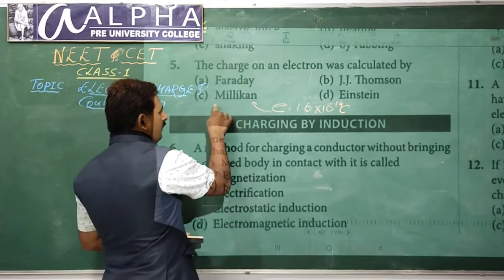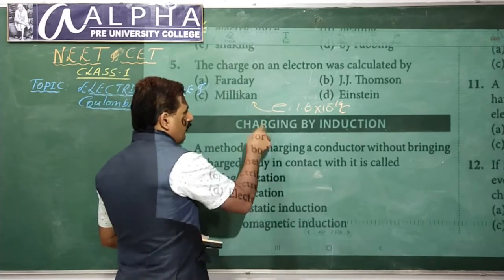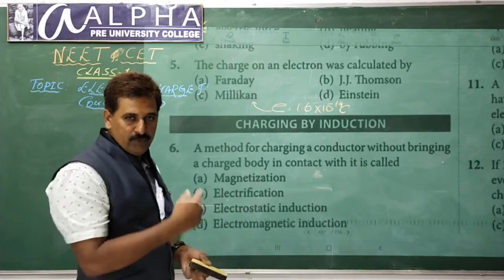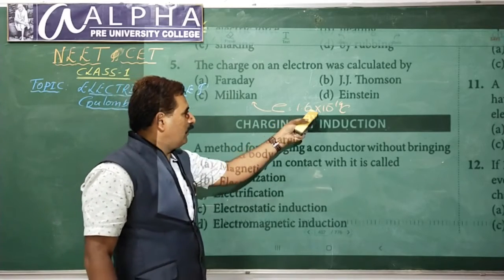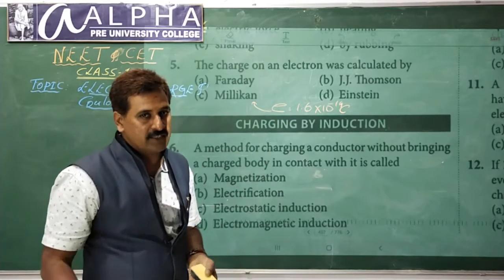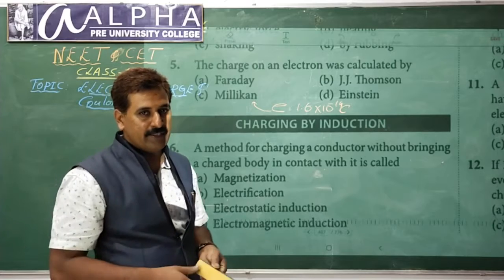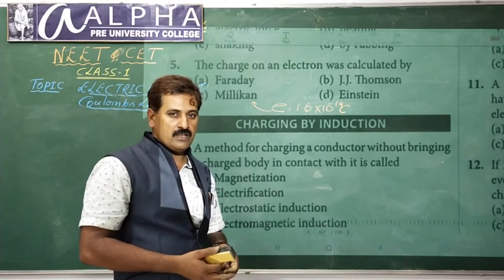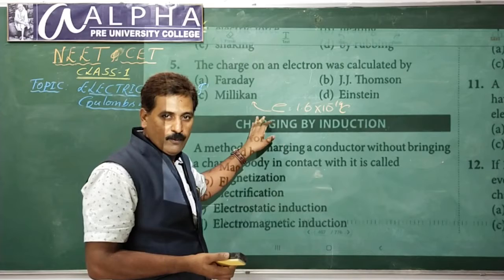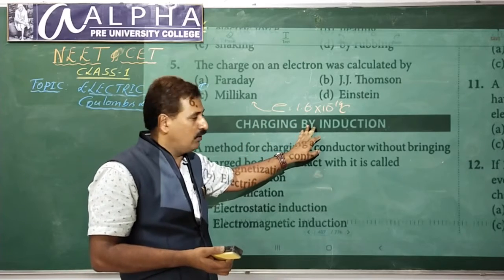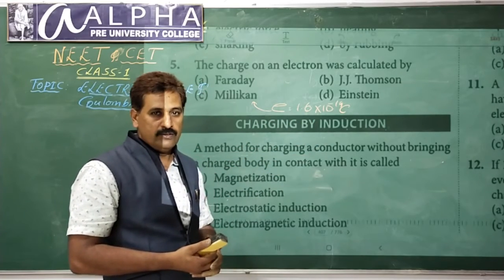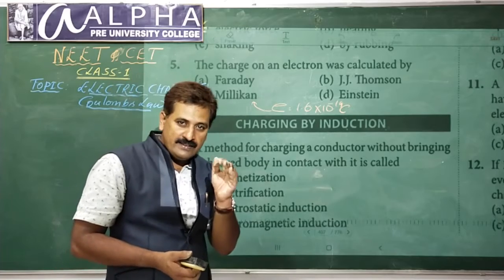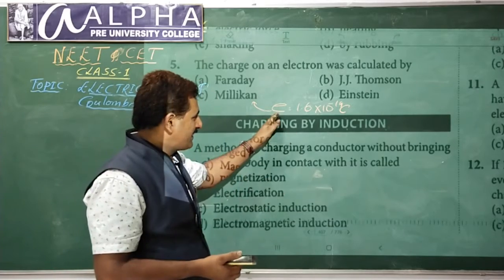And this is the person, Millikan, who through his oil drop experiment from USA discovered the value of the fundamental charge, 1.6 times 10 to the power minus 19 coulomb. He did not just discover the value of the charge of an electron, he also verified the quantization nature of electric charge.